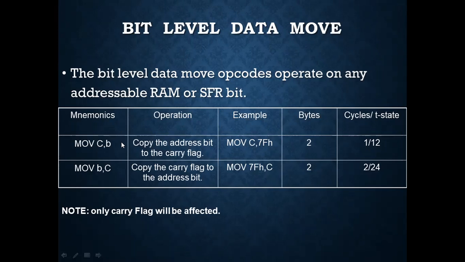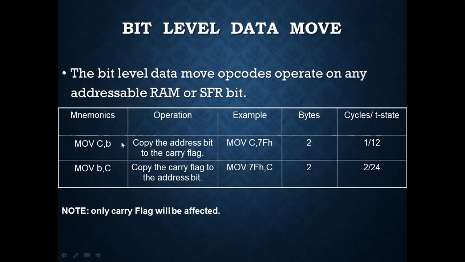There is some amount of space available in the internal RAM area that is known as the bit addressable area. This bit addressable area can be accessed by these bit level data move instructions.